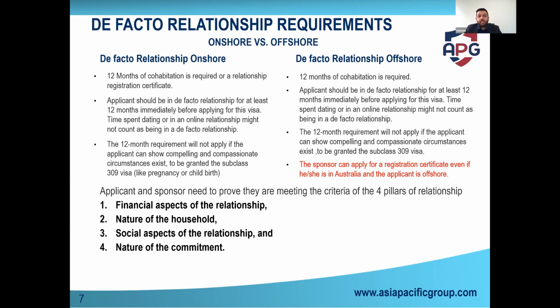It's very hard to show a de facto couple overseas, because if you're not living together, how will we apply the de facto requirement, right? So there's one option: if you want to escape the whole requirement, there's just one way to do it, that you get registered with the government.